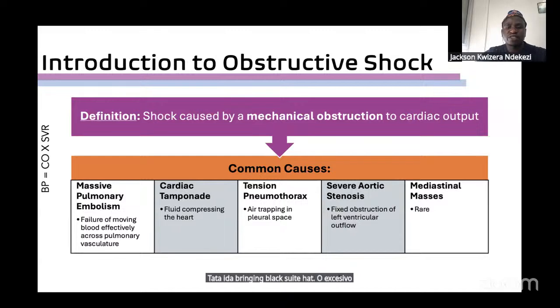There is obstruction to the forward movement of blood, and this will result in decreased cardiac output.